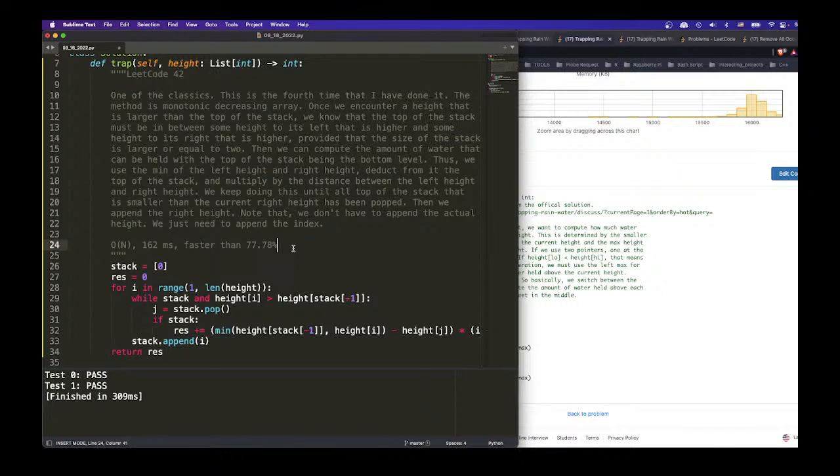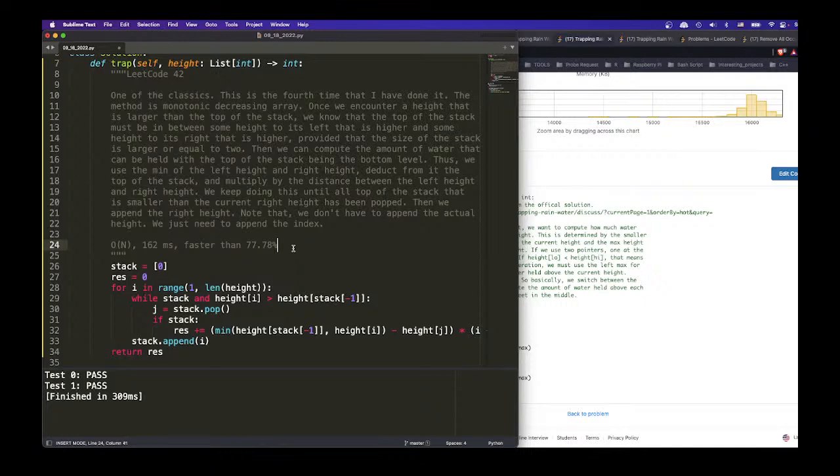Let's say the left is smaller, right? Then we use the current left max minus this, and we record the left max index. The left max minus this is the amount of water you can hold from left max to right above the current level. That's exactly right. Then you move forward.